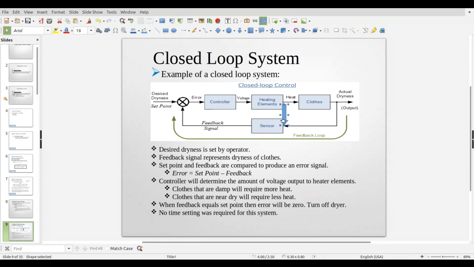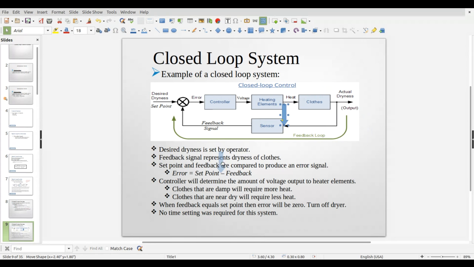And a lot of times you're probably going to do at least some of it every scan. Every scan, as part of your input, you look at the sensor and say, hey, are the clothes dry yet? And if they are, stop the dryer. But if they're not, keep running. Right? And so it's this feedback piece right here that's the most important.